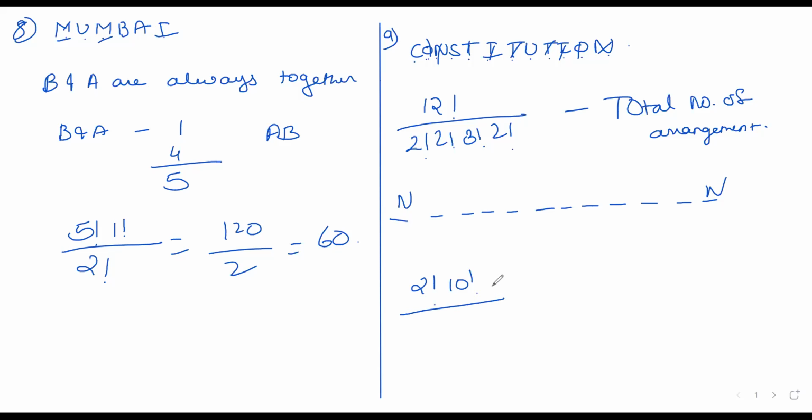Whole thing upon 2 factorial for N, O is the same 2 factorial, T the same 3 factorial, and I is alike 2 factorial. This will get cancelled. Your answer is 10 factorial upon 2 factorial, 2 factorial, 3 factorial.